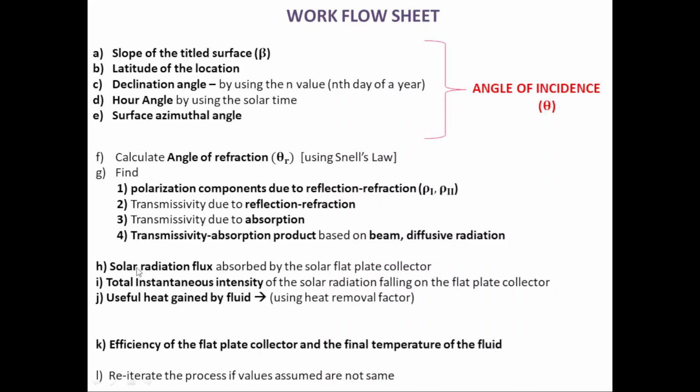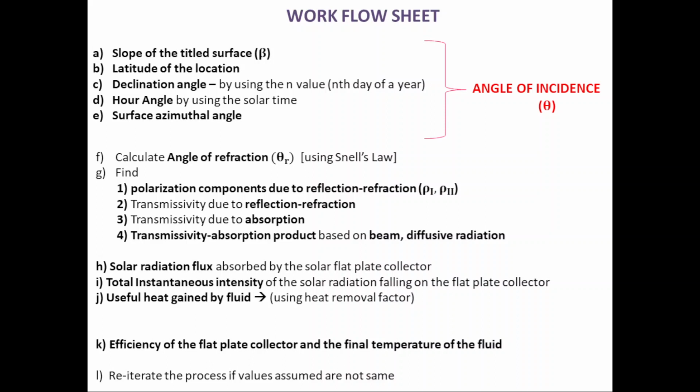Once you know the amount of solar radiation that is getting absorbed and your total instantaneous radiation that is falling, you will be able to have an idea on the amount of useful heat that is actually gained by your liquid, as we saw in the previous lecture. That is, your QU is FR times AP into S minus U of TPM minus TA.